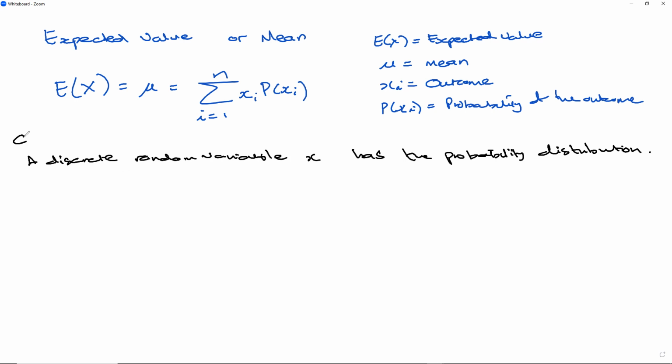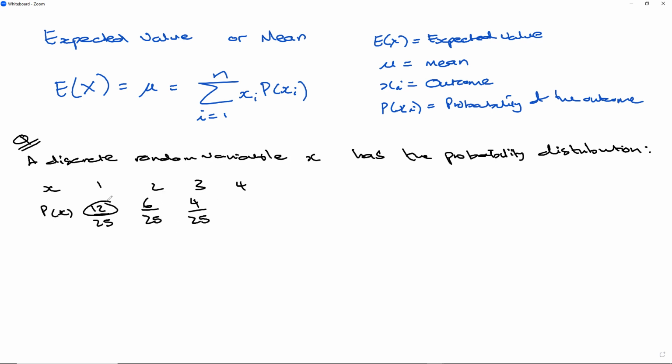So a discrete random variable X has the probability distribution where you're given a table of x and the probability of x. So if x is, let's say, 1, 2, 3, and the probabilities are 12 out of 25, 6 out of 25, 4 out of 25, and x can also be 4, let's just say, and these values, remember, have to add up to 25.